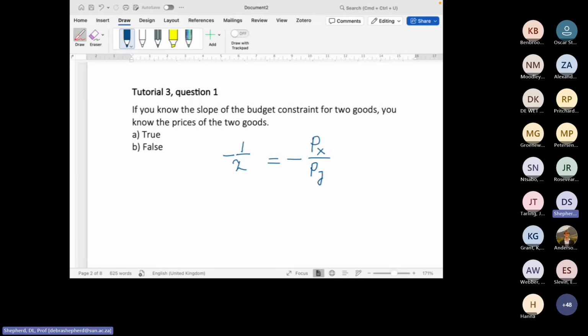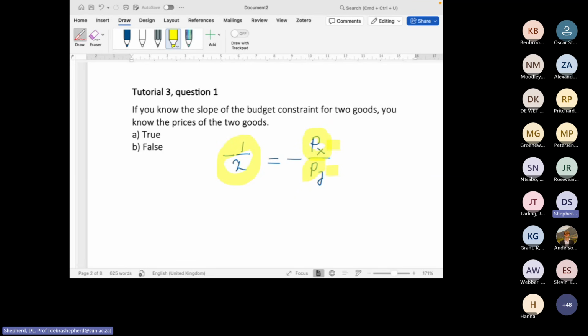Looking at this formula, we can see that this value of -0.5 only tells us about the relative sizes of those two prices, but in no way can it necessarily reveal their exact values. All I can tell from the slope is that Y is twice as expensive in monetary terms as X.